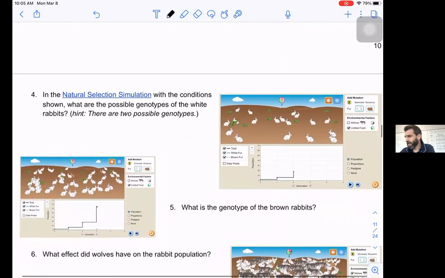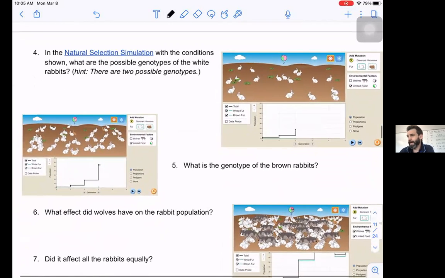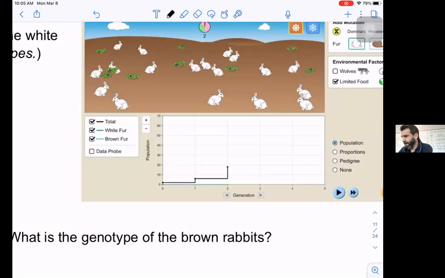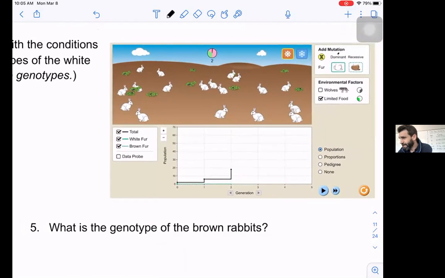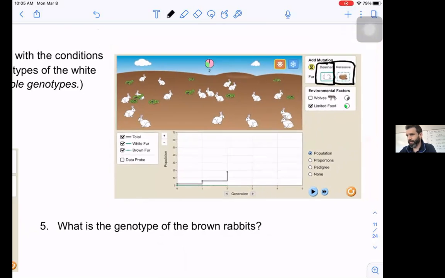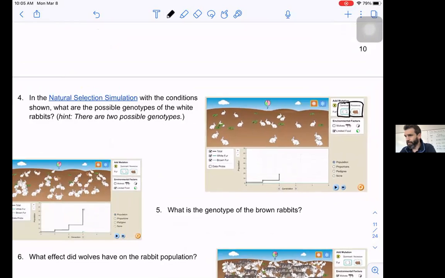Okay, so here was the main thing we talked about with this simulation. I just want to identify that we assigned the white color as dominant and the brown color as recessive. So what are the possible genotypes of the white rabbits? I'm going to use F for fur.